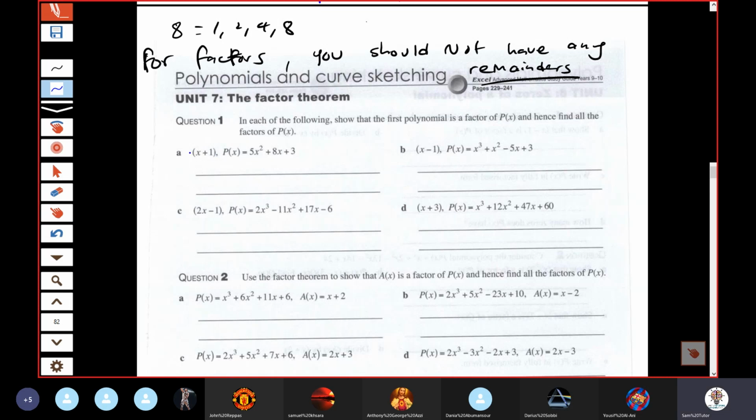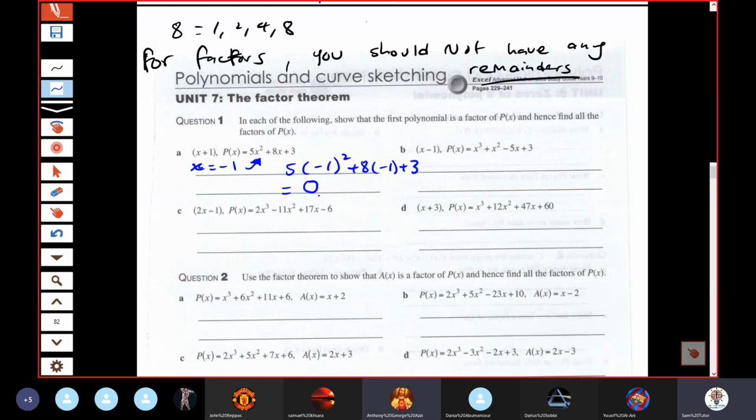Solve this. -1. Sub it in. Sub that into there. What must it equal to? Anthony, without doing the math, what must it equal? 0.